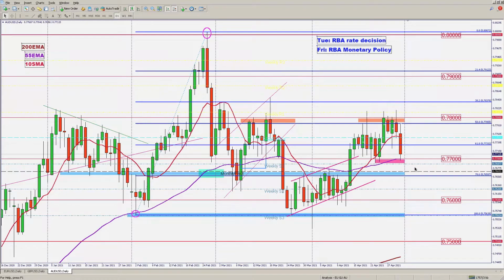So now we'll see if it's going to continue lower, and that's going to be a major support zone here at the 786 fib retracement. So it was unable to break out higher above the 50% fib retracement.